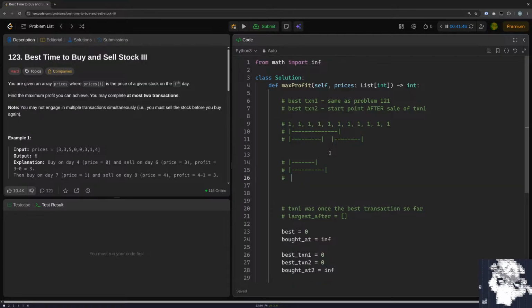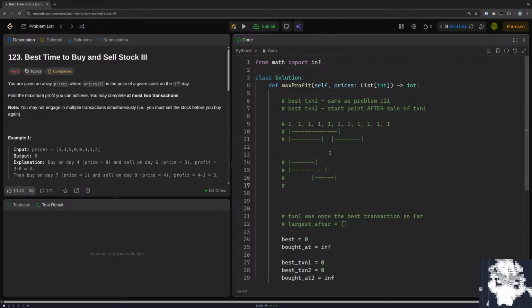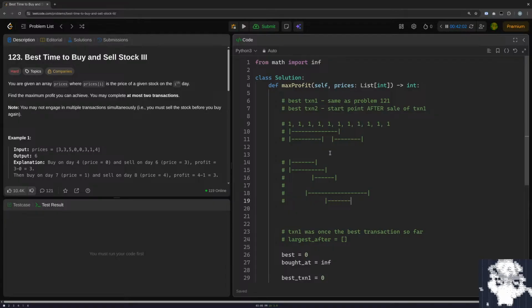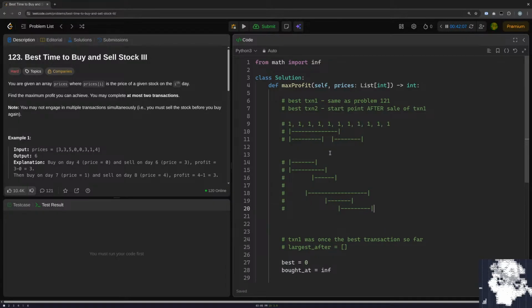So here's all our left candidates. And then here's all our right candidates. And the thing is to match them and give me the biggest one that matches.